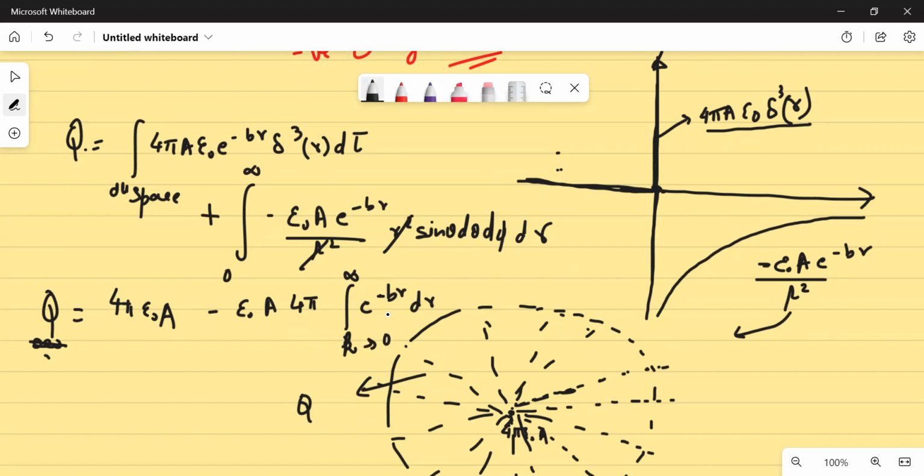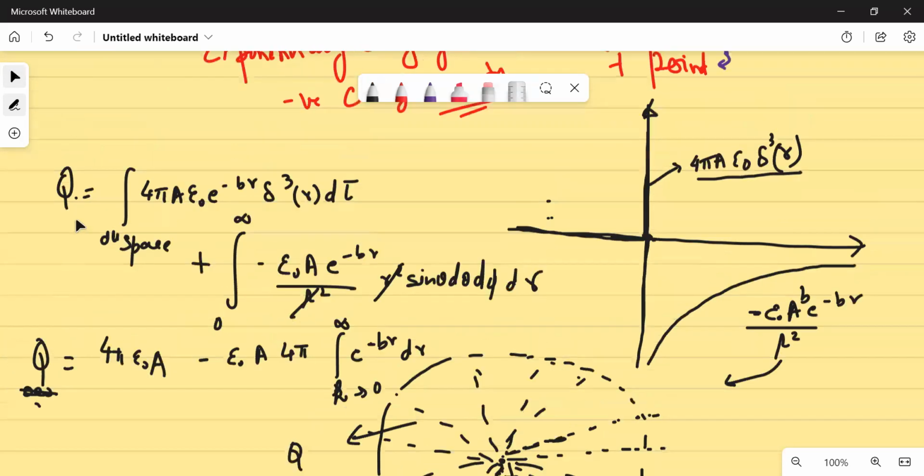Where is that term? There is a, there is 4 pi epsilon naught, there is e to the power minus br. There should be some b somewhere, because otherwise this b will come. Just let me see.